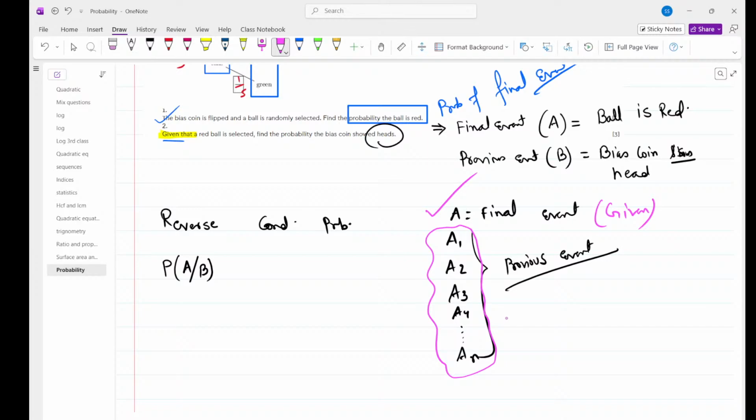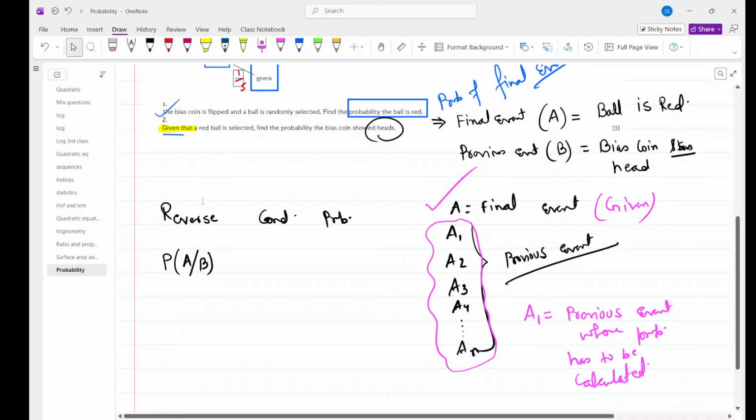I recommend that the final event be represented by A, and the previous event for which we have to find the probability should be assumed as A1. So A1 is the previous event whose probability has to be calculated.